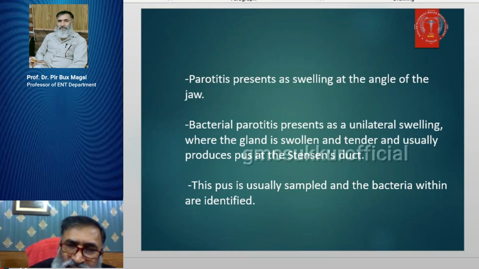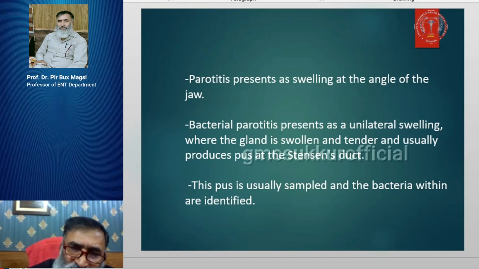Now this pus is usually sampled and the bacteria within are identified. During parotitis, if you open the oral cavity of the patient and see the duct, if you find pus, then take the pus and send it for culture and sensitivity. Culture will show what kind of bacteria is there, and sensitivity will show which antibiotic will cover that organism.